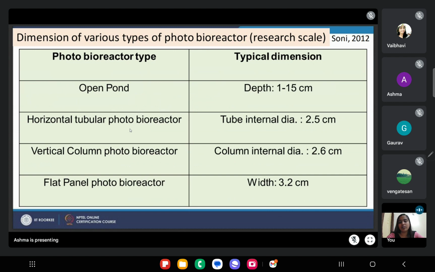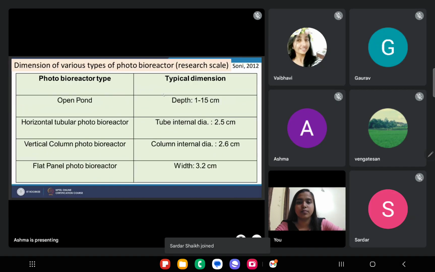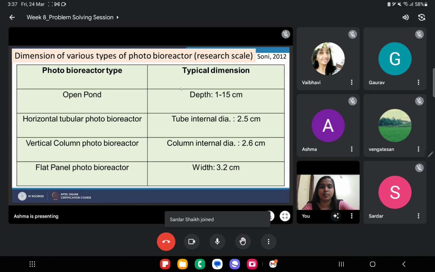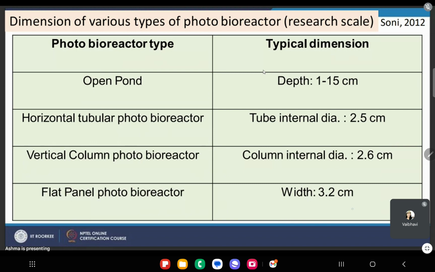And for a flat panel photobioreactor, the width is around 3.2 centimeters. These are lab scale reactors taken from a research paper.